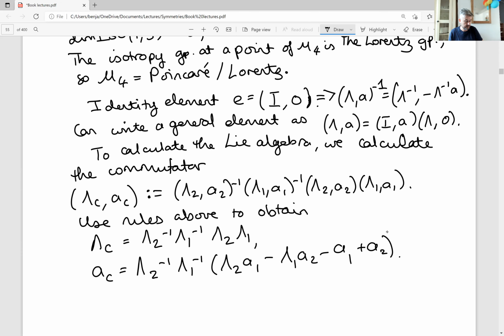There's a few lines, 4 lines or so, to derive that, and it's laid out for you in the book if you're having trouble.